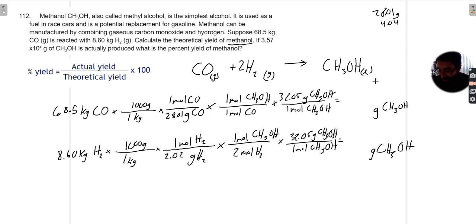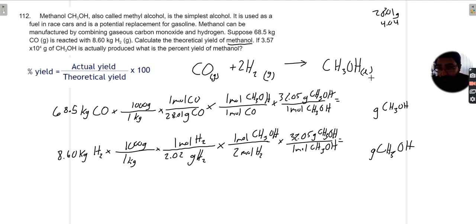Let's do some math. 68.5 times 1,000 divided by 28.01, and then we're ignoring the ones. Multiply by 32.05.